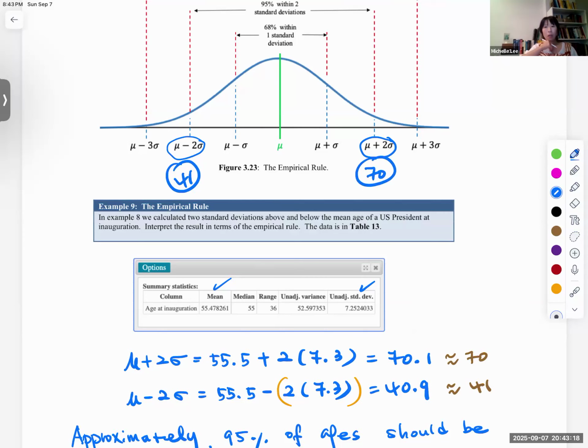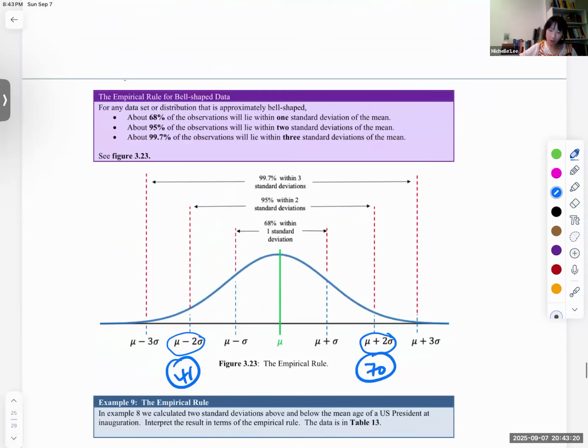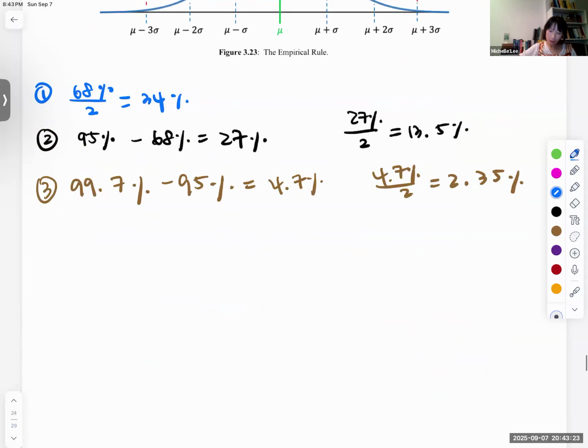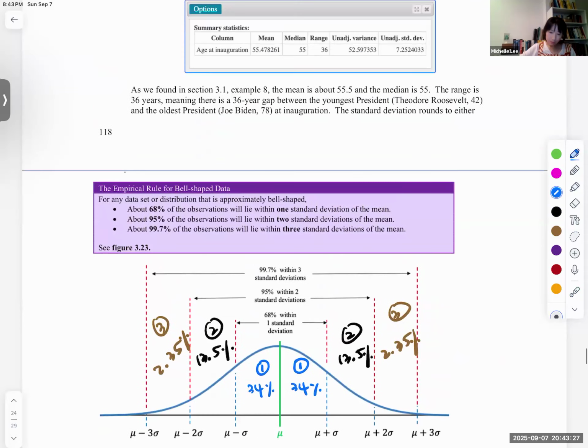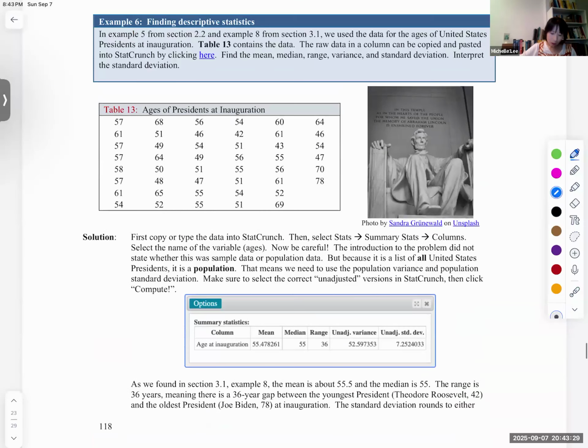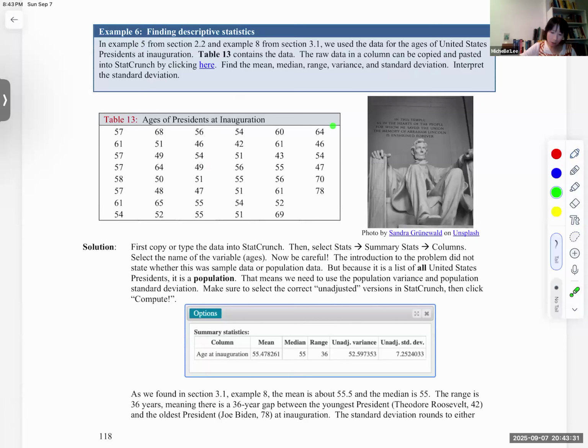In other words, we can take a look and confirm. Let's see. Can you check how many ages are over 70?